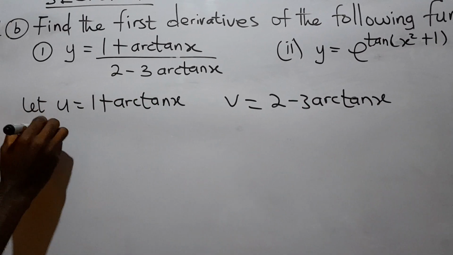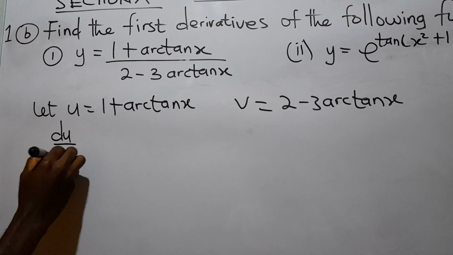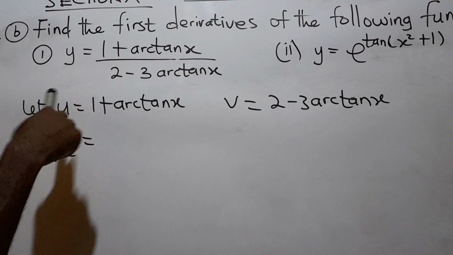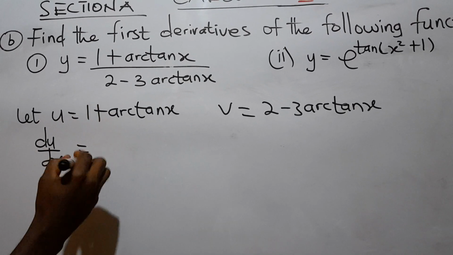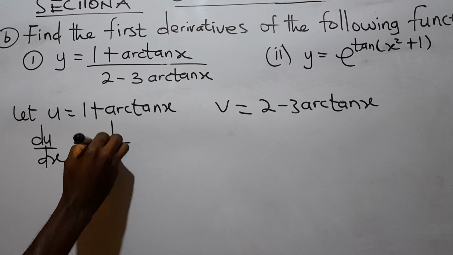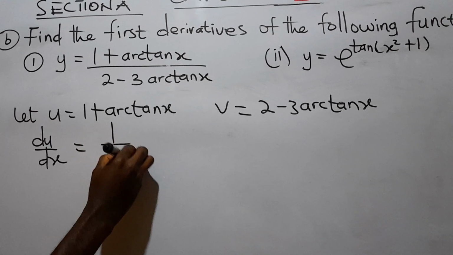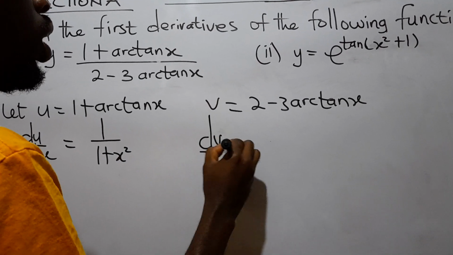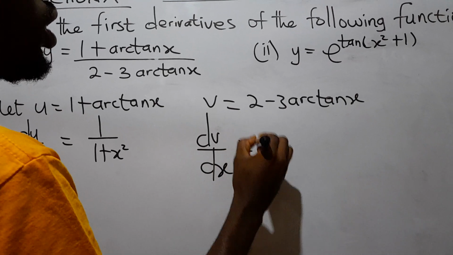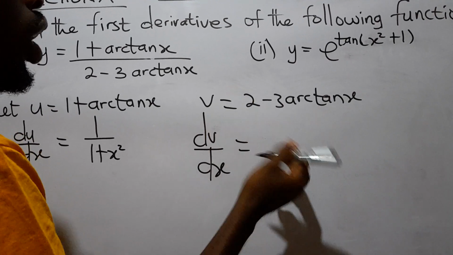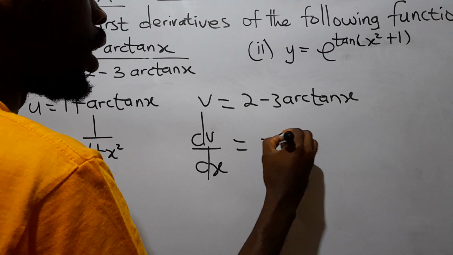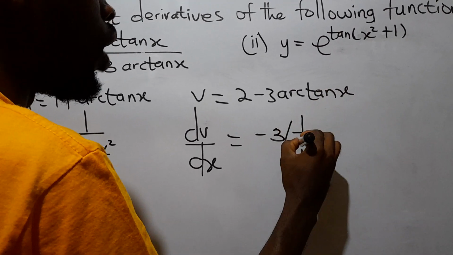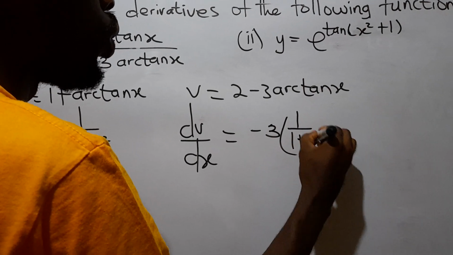Now we find du over dx. We differentiate this term by term. When we differentiate 1 it is 0. The differential of arc tan x, the inverse of tan, will be 1 all over 1 plus x squared. We differentiate these two, dv over dx. When we differentiate 2 it is 0, and we get minus 3 times the differential of arc tan, that is 1 over 1 plus x squared.